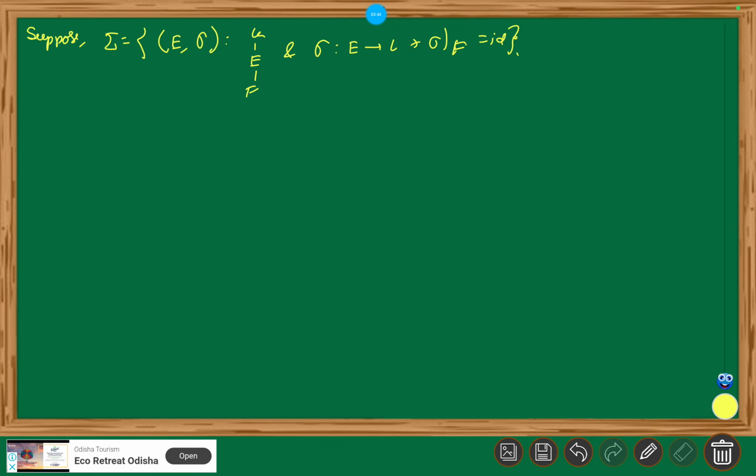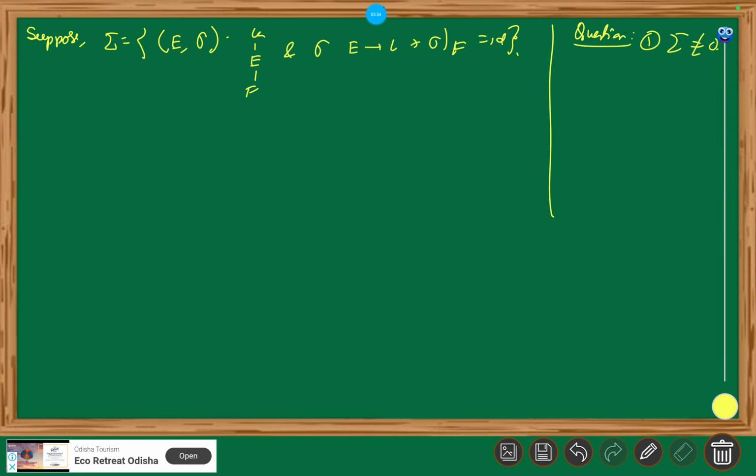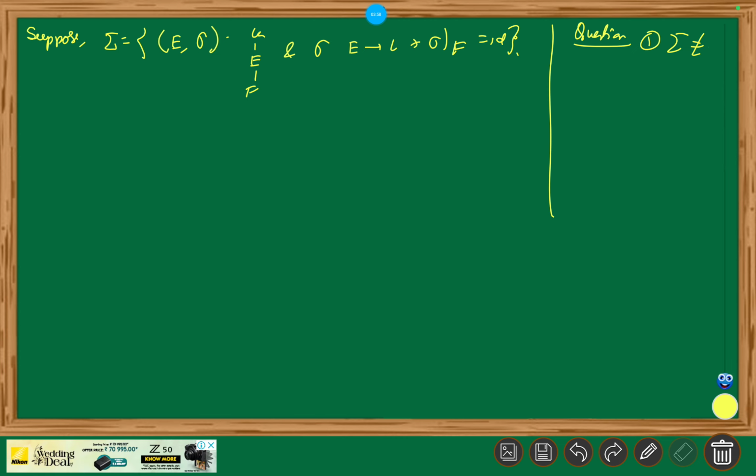So the first question is whether this collection is non-empty. To prove it is non-empty, let us consider that here is my K and it is an algebraic extension of F. So of course there is alpha belongs to K, right?